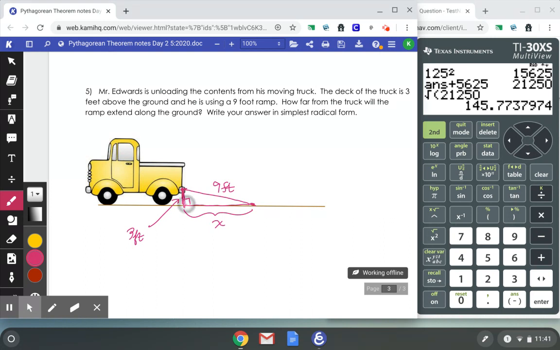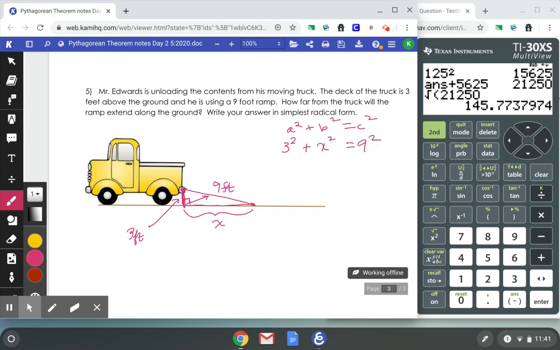So this 9 feet, or the ramp, will be the hypotenuse. So I'm going to use my Pythagorean theorem, and I'm going to substitute in 3 for one of my legs. I don't know the other leg, and 9 will be the hypotenuse.